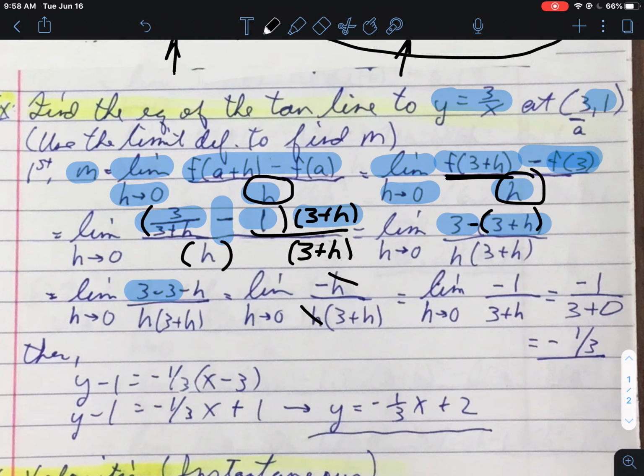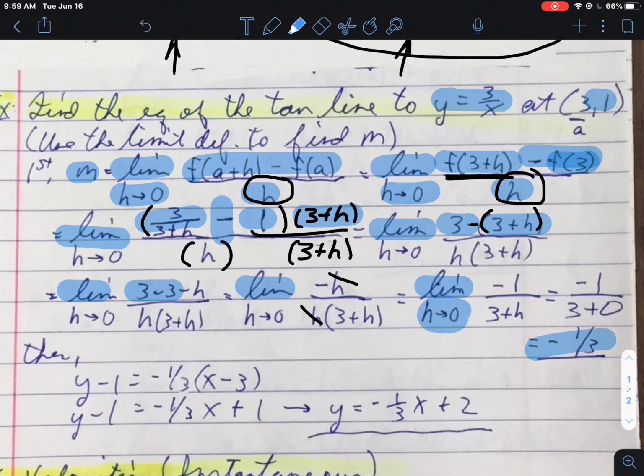Now again, a reminder about your notation here. Notice that in each step of the process, I kept that limit statement: limit as h approaches 0, limit as h approaches 0, and I worked on simplifying the fraction in each step until I get to the point where I actually plug in 0.